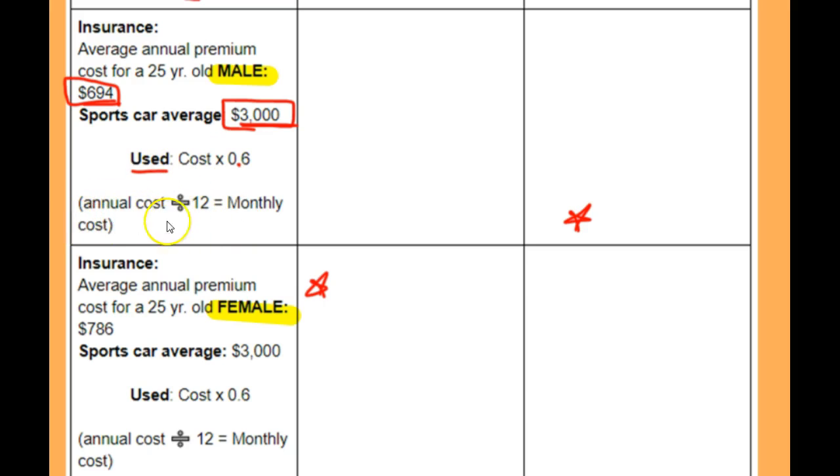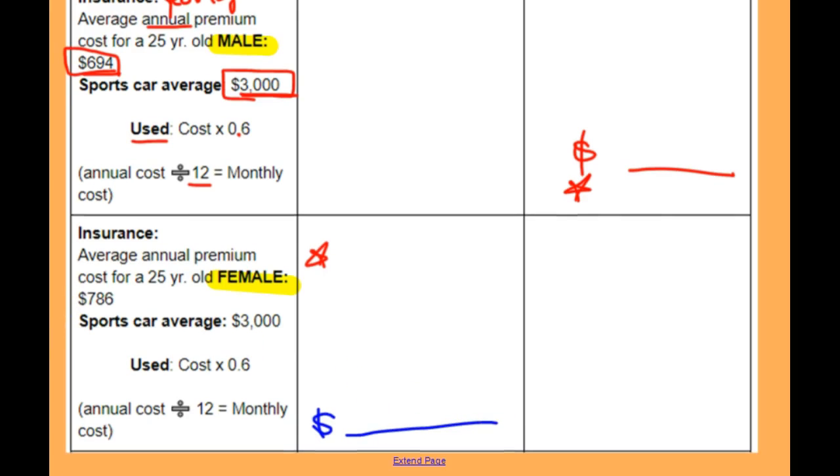And then once you figure out that number, you're going to divide it by 12, because this was per year. Annual is yearly. Divide it by 12 to figure out how much you're going to pay per month. So you should have a cost listed for one person here, and then a cost listed for the other person down here. If you're both female or both male, that's fine. You'll just both do them next to each other.